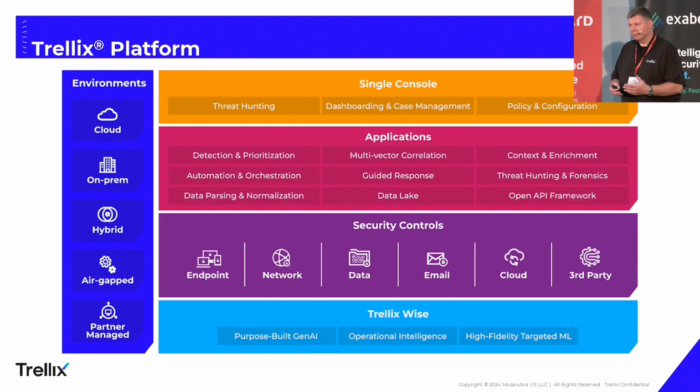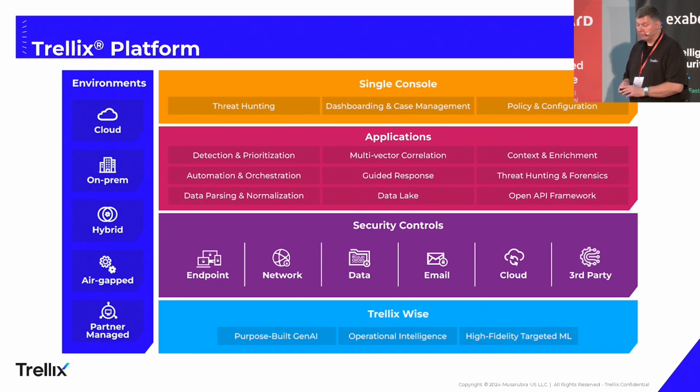So much so that we've also started looking at how we can provide a hybrid type of environment as well, hybrid support. And the OT space shouldn't be something that we forget about. So we have options there for air-gapped environments, and of course we can provide partner-managed solutions as well, which really speaks to the flexibility of the solution itself.